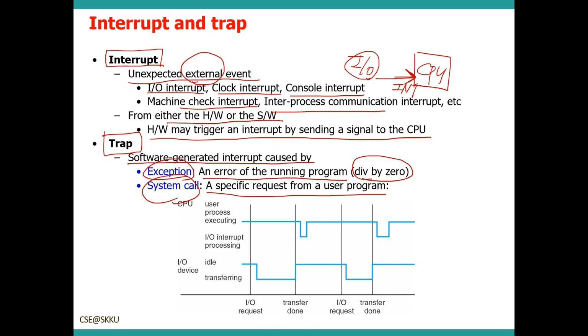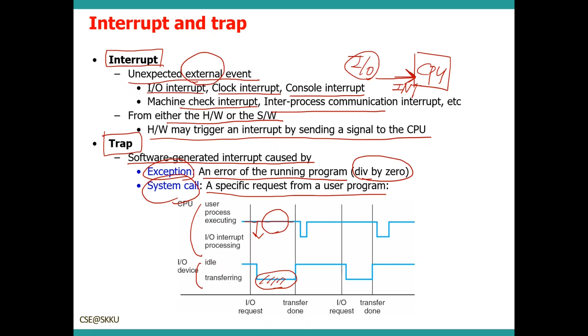This figure shows the CPU and I/O device operation. First the CPU is running, and if a process generates a system call for an I/O device, then the I/O device operation starts. While the I/O service is being handled, the processor can execute another process.